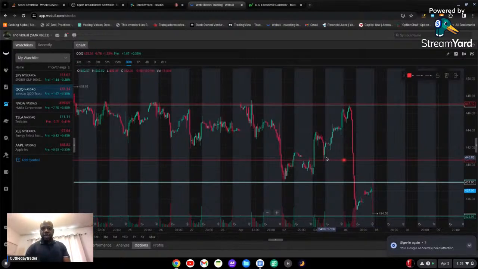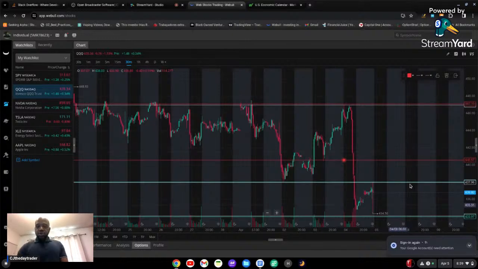This was the last time that we found support before breaking through it. So if we do get upside momentum, we need to see if this acts as a resistance zone to come back and retest this support again, or if it's a consistent move to the upside to possibly get up to this 447.